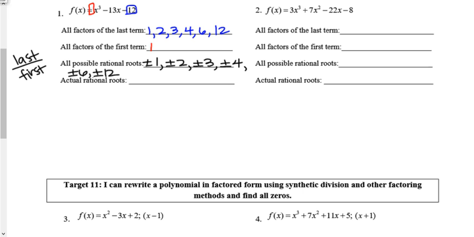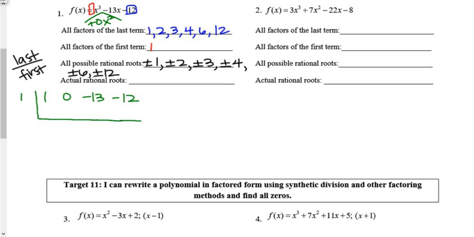So I'm going to make my little box, have 1, and then the coefficients that I write inside my box, if you notice, I actually have to add a plus 0x squared. So it's going to go 1, 0, negative 13, negative 12.